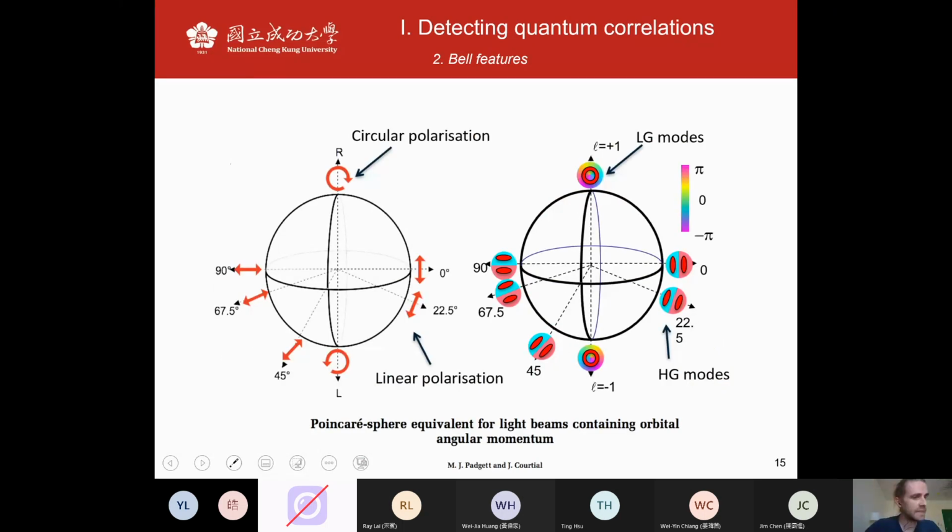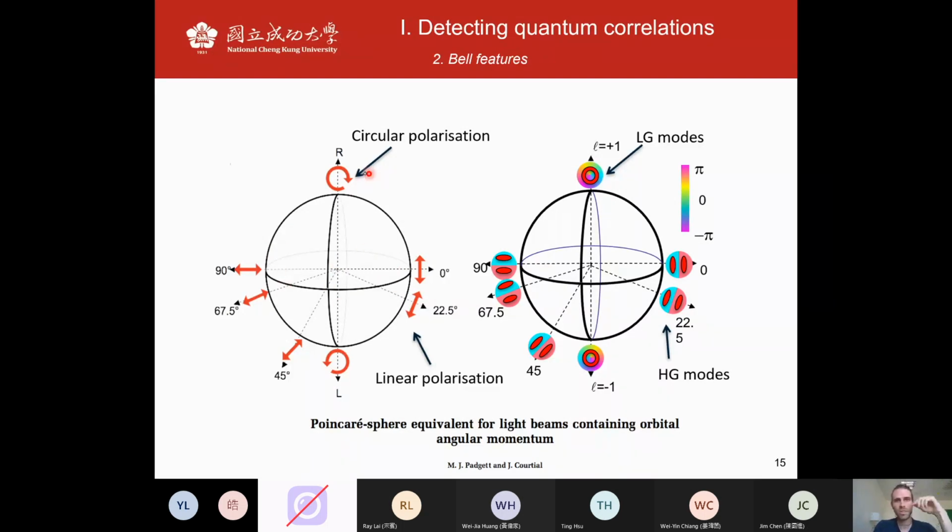The way we did this demonstration, the test of a Bell inequality: usually Bell inequalities are tested on this Bloch sphere, where we've got the polarization of the photons. You've got two photons, and on each side you've got a Bloch sphere on which you test the polarization of one photon.